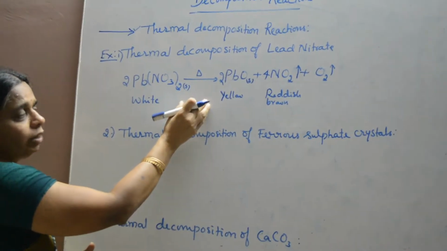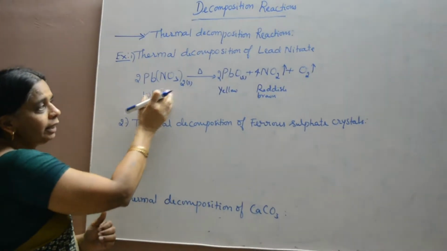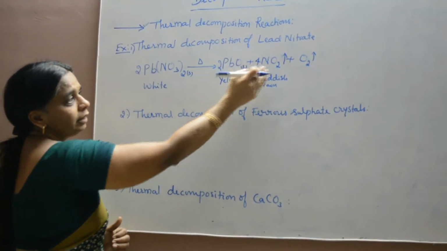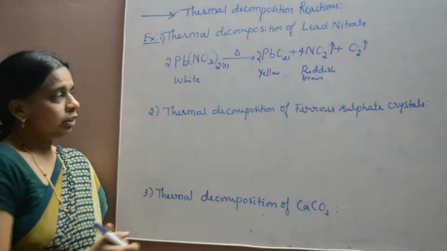This is a very good example of thermal decomposition: lead nitrate on heating gives a single reactant and three products. It is a very good example of a decomposition reaction.